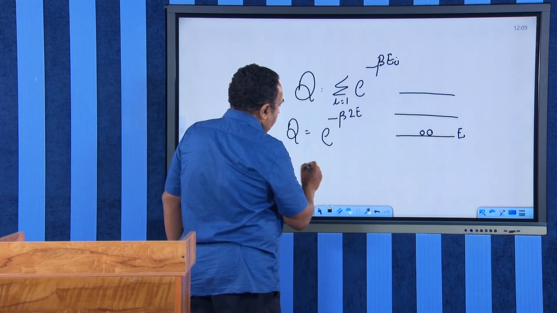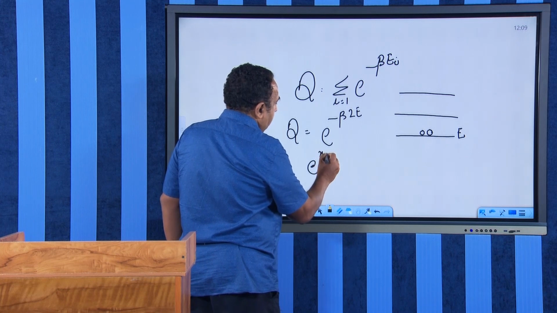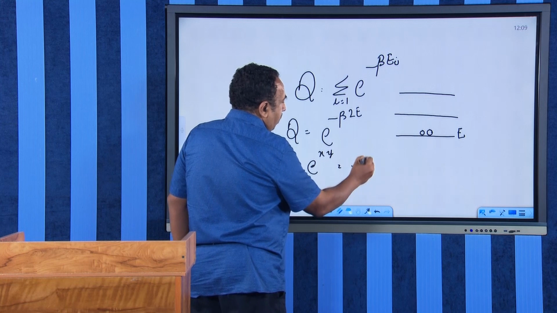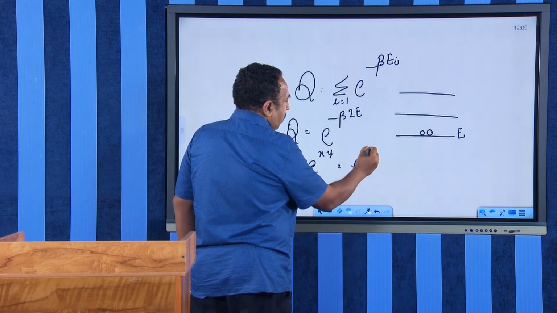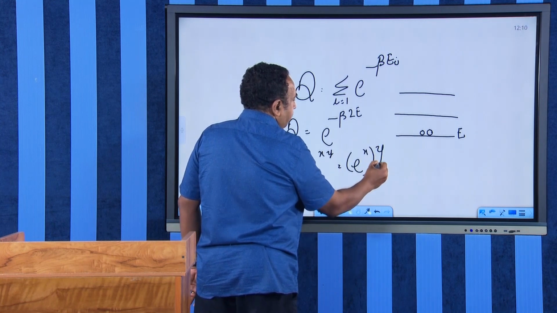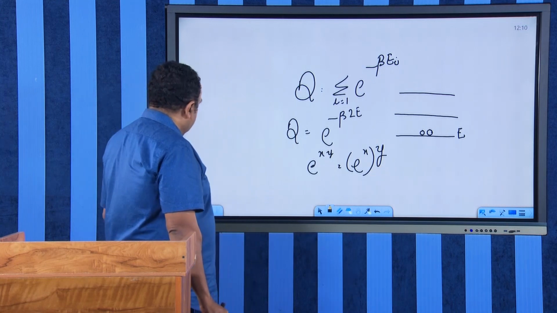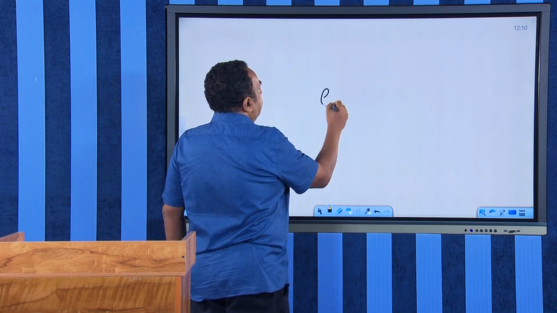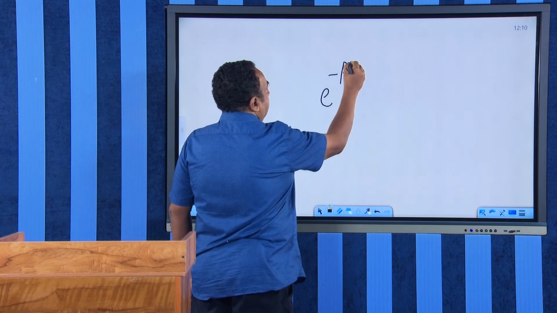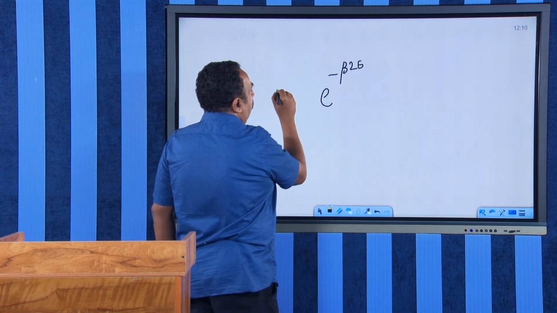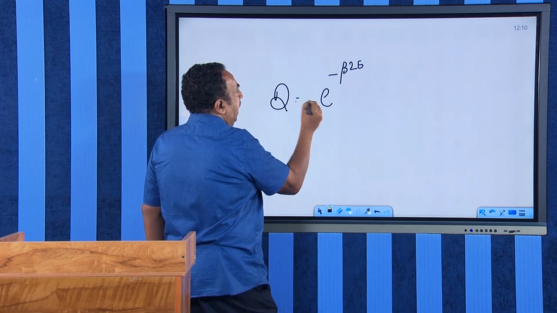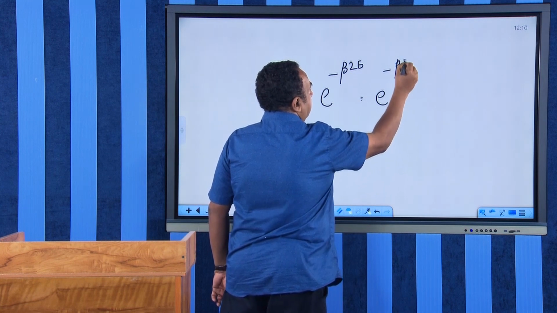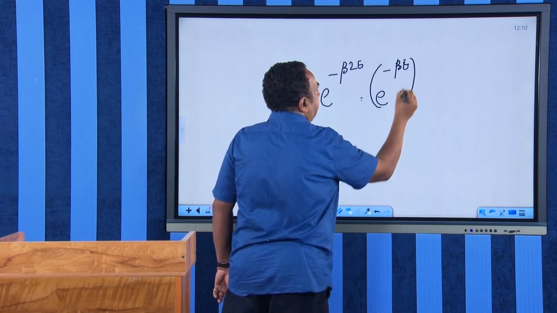Recall that e raised to xy can be written as e raised to x whole raised to y. Similarly, e raised to minus beta 2E, which is our partition function, is e raised to minus beta E whole square.